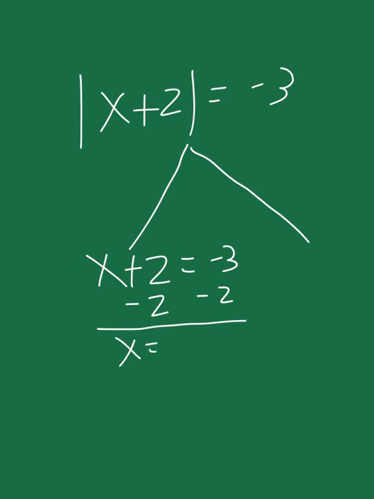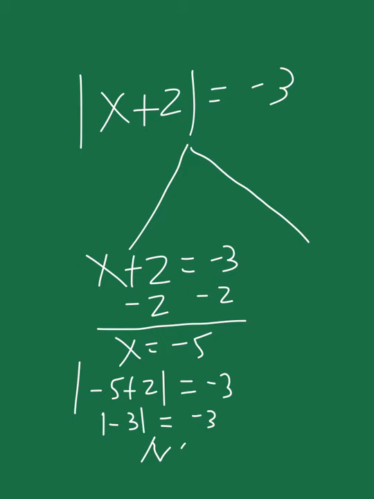X equals -5. Let's see. The absolute value of -5 plus 2, does that equal -3? Does the absolute value of -3 equal -3? The answer is no. -5 is not a solution.